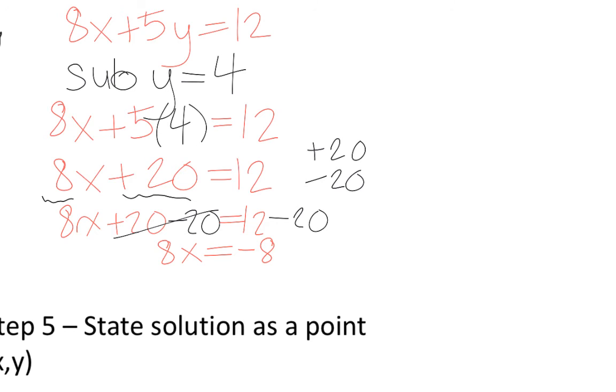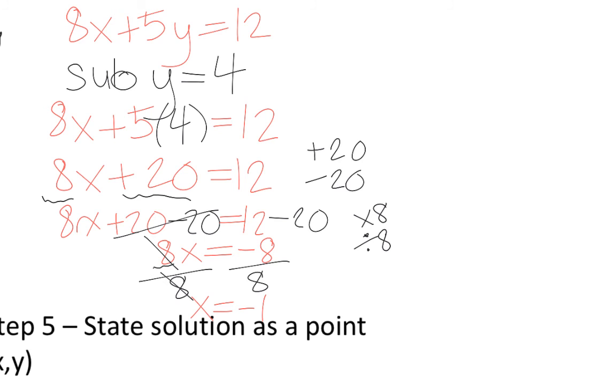Now, you want to get rid of this 8. When you have a number beside a variable without any operation, it is multiplication. So that is multiplied by 8. The opposite is divide by 8. So we're going to divide both sides by 8. Those 8s cancel out, so we're left with x is equal to negative 8 divided by 8, which is negative 1.